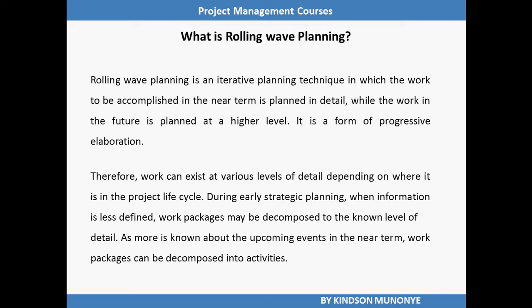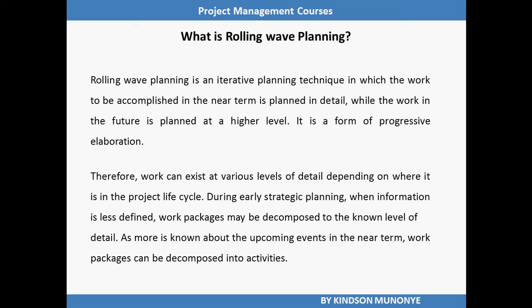Therefore, work can exist at various levels of details depending on where it is in the project life cycle. During early strategic planning, when information is less defined, work packages may be decomposed to the known level of detail. As more is known about the upcoming event in the near term, work packages can be decomposed into activities.